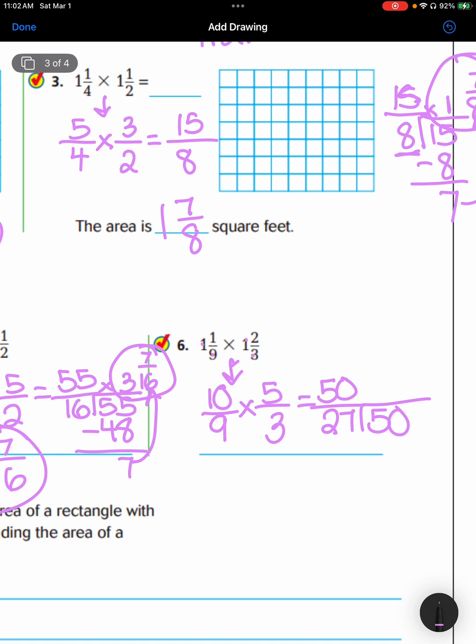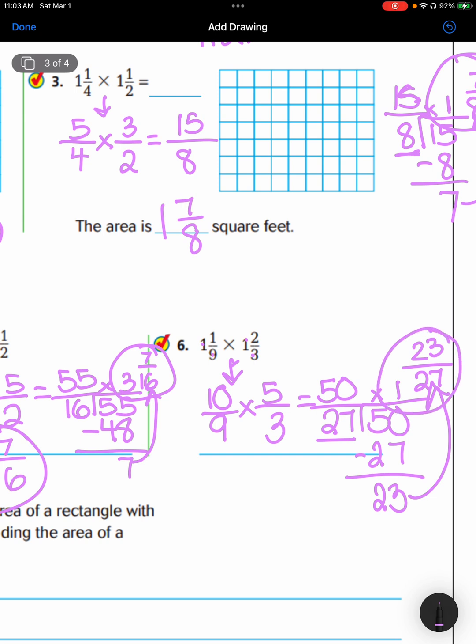So 27 can only go into 50 once, because 27 times 2 is actually 54. So you just put 27 there. When you subtract, you have 23 left over. So bring that 23 up. Put it over your original denominator of 27. So 1 and 23 over 27 is your answer.